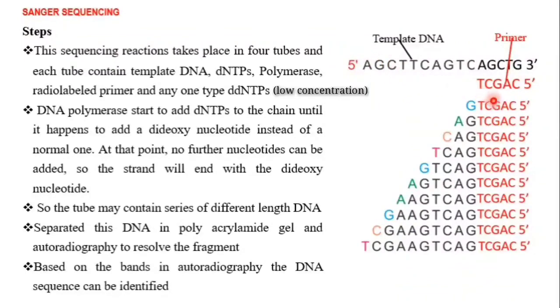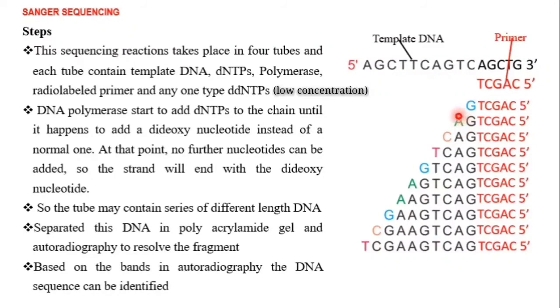Here you can see the primer is first attached to one nucleotide that the polymerase added, which is a dideoxynucleotide, so the growth of that chain is terminated. In this chain, the first guanine was a normal one, which allows the next nucleotide to be added.